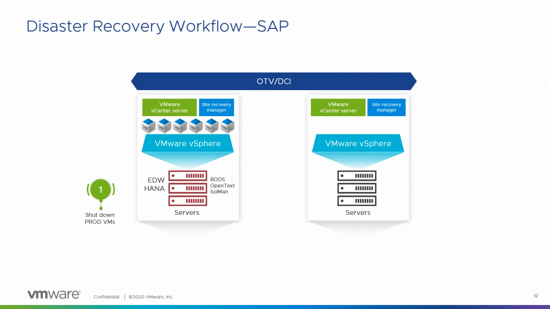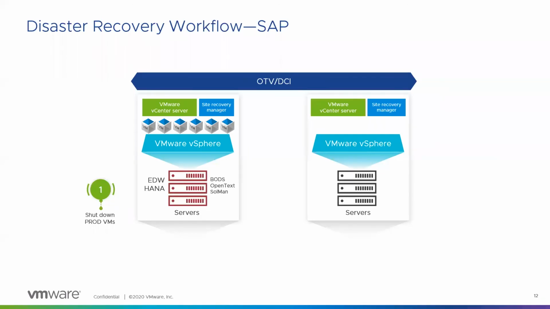So step number one, you shut down the production VM. On the left side is our production environment, where the production workload is running. On the right side is the DR environment. So when disaster hits or when you do the test, step number one, you shut down the VM.